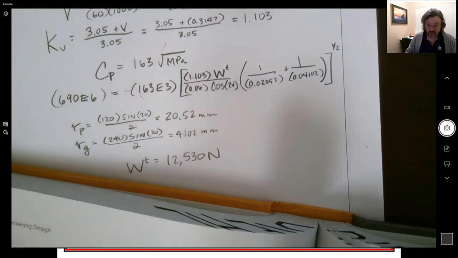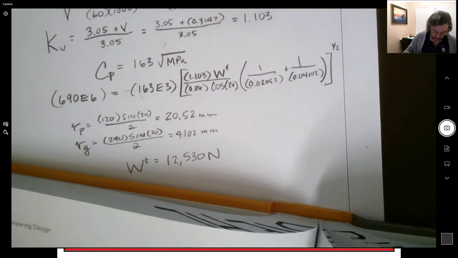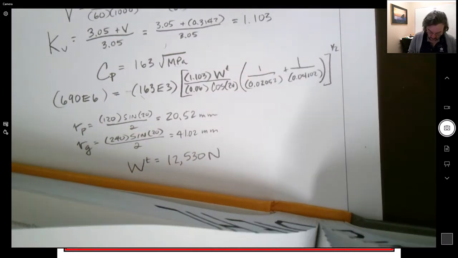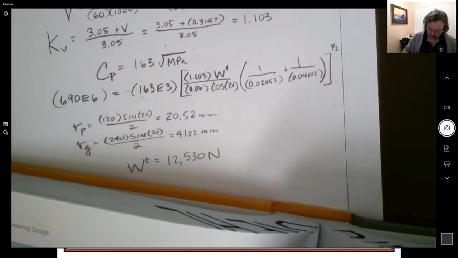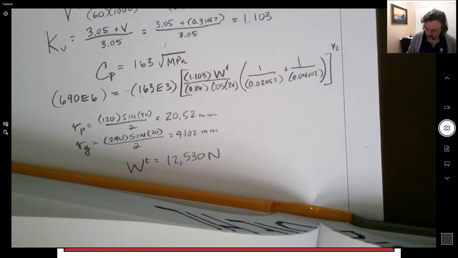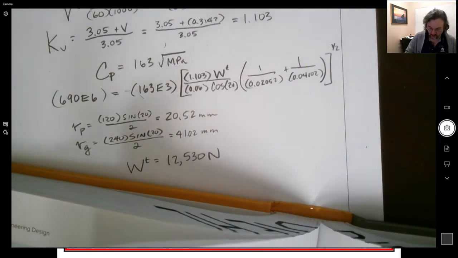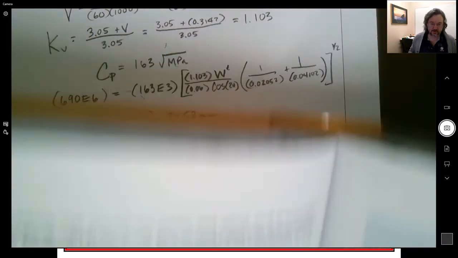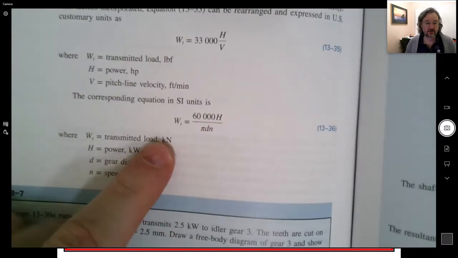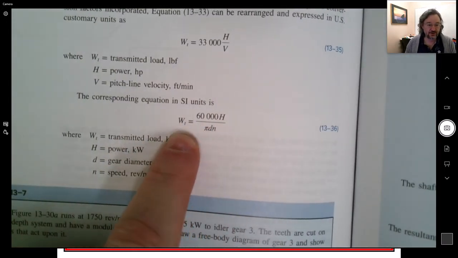It's not there. I just want to show you where it is in case when you go to look for it. I think it's right there in the force analysis section. Yeah, right in here. So we can find what the power is from this.